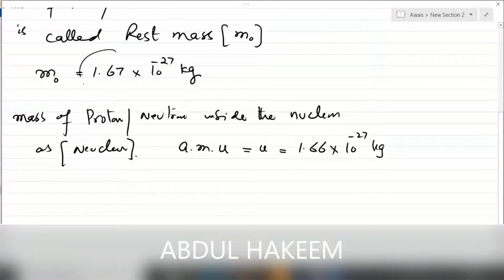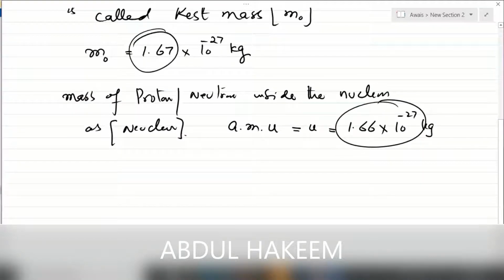Look, there's a difference, 1.67 and 1.66. Now this difference of the mass, delta m, which is m naught minus u, is called mass defect.